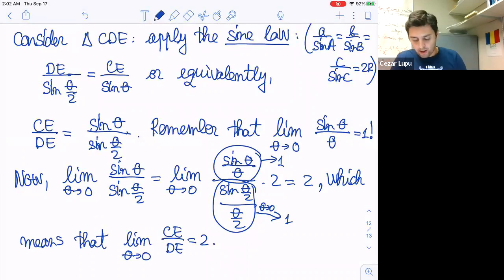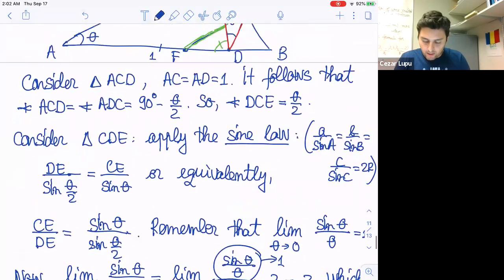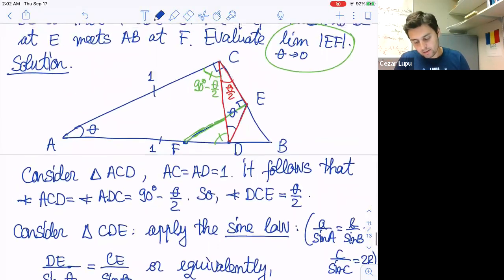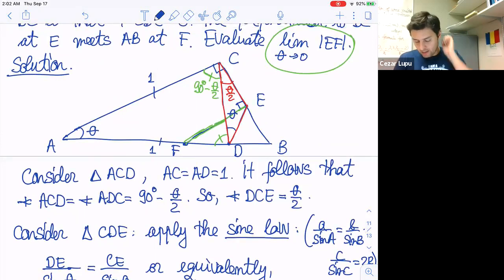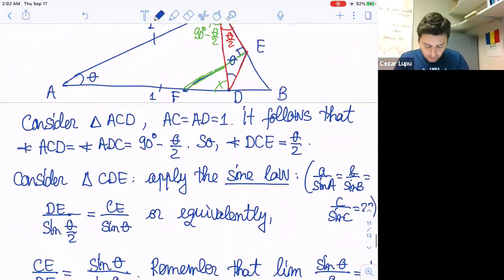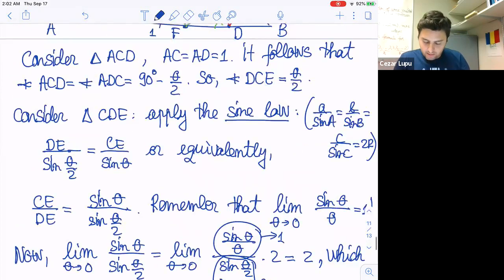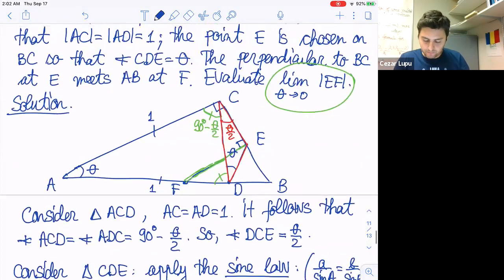Now let's go back to the picture. So let's retain this information. I know that the limit of CE over DE is 2 as theta approaches 0. But I still need to find some information about EF.